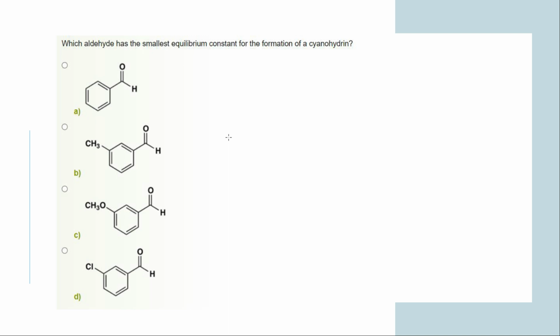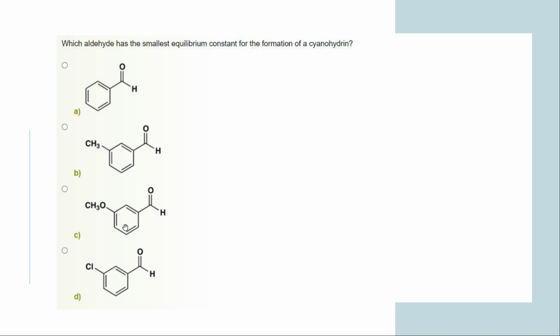Then let us move to the next question. Which aldehyde has the smallest equilibrium constant for the formation of cyanohydrin? A similar kind of question we have already solved in question 1. So let us now look at this particular question where all four options are aromatic aldehydes.